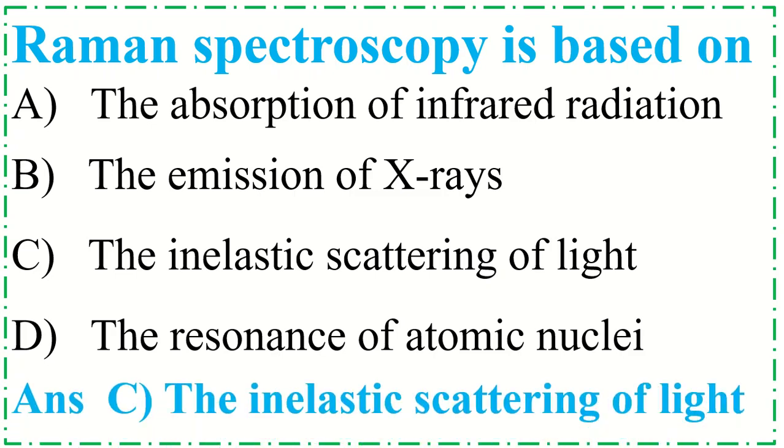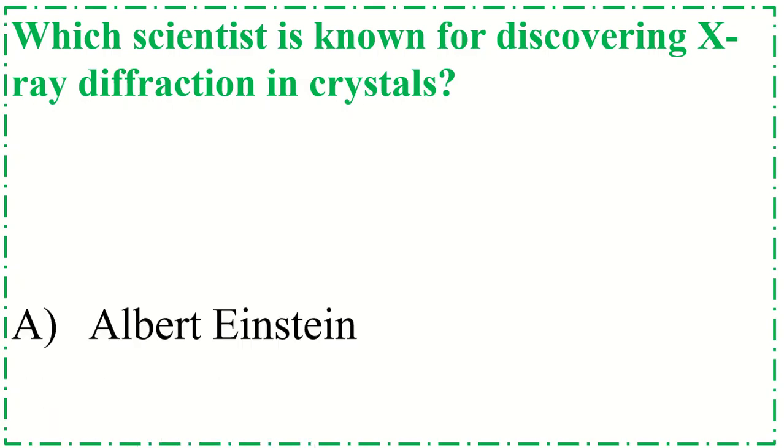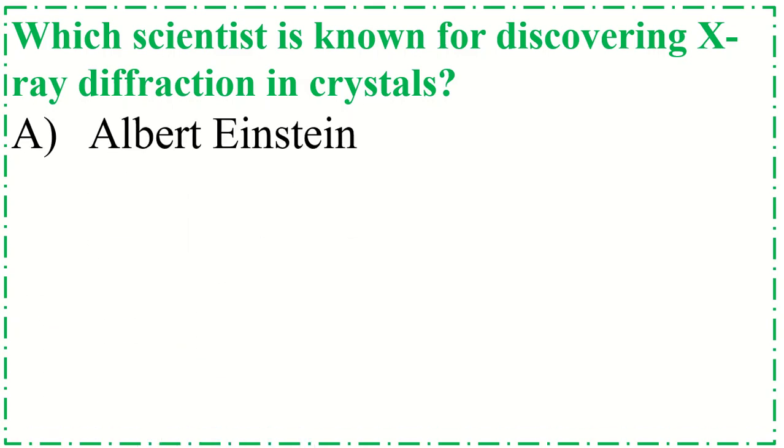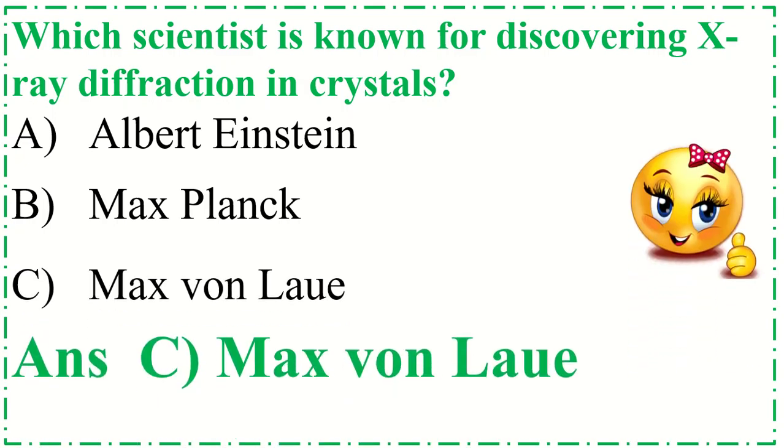Correct option is C, the inelastic scattering of light. Which scientist is known for discovering X-ray diffraction in crystals? Option A, Albert Einstein; B, Max Planck; C, Max von Laue. Correct option is C, Max von Laue.